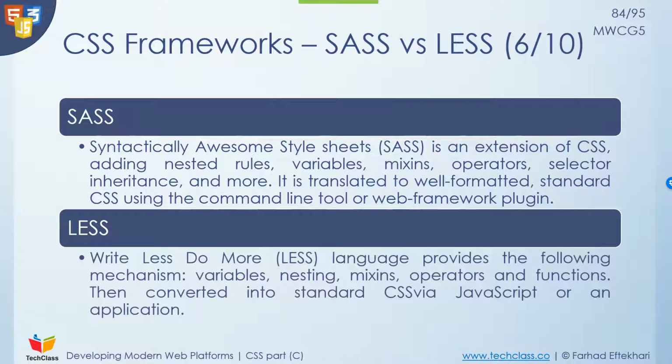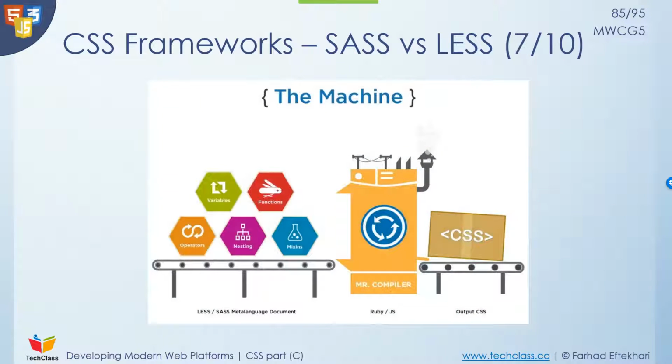And Less, which stands for write less, do more, which is a very promising name, provides the following mechanisms: variables, nesting, mixins, operators, and functions, then converted into standard CSS via JavaScript on an application. So basically, you write all of those definitions, variables, functions, operators, nesting, and mixins, and then the compiler as an output gives you the CSS.